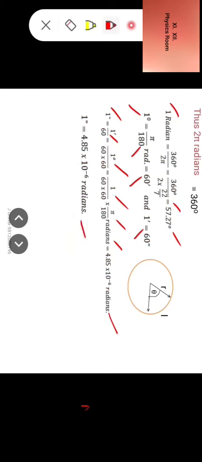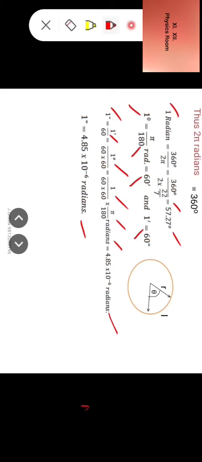So you remember these scales, that is 1 radian is equal to 57.27 degree, 1 degree is equal to pi by 180 radians, or it is equal to 60 minutes, and 1 minute is equal to 60 seconds, because angles are given in degrees, minutes and seconds.